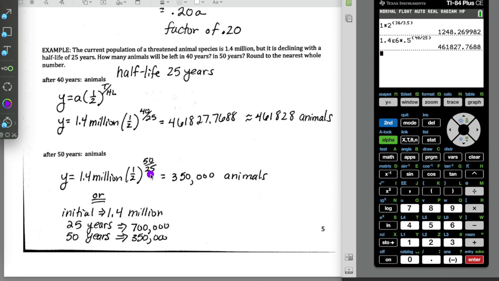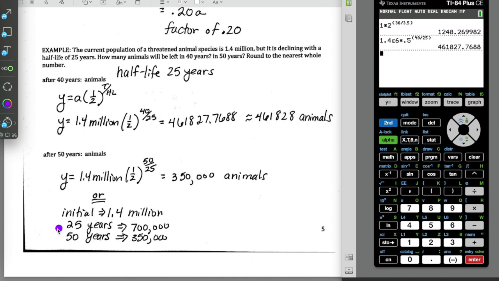That's 2 half-lives. So another way you could do it other than using the formula is you could make a table, since this comes out nicely. You start with 1.4 million. After the 25 years, you get 700,000 because you take 1.4 million and divide by 2.